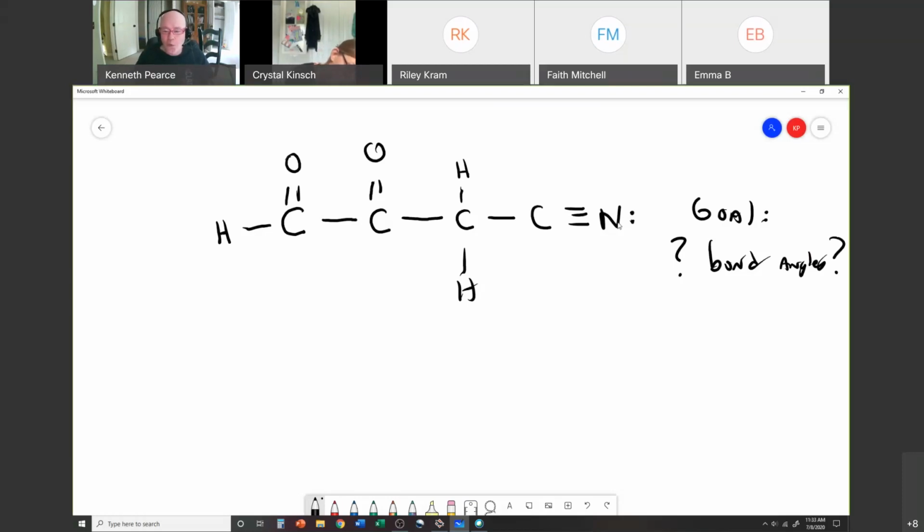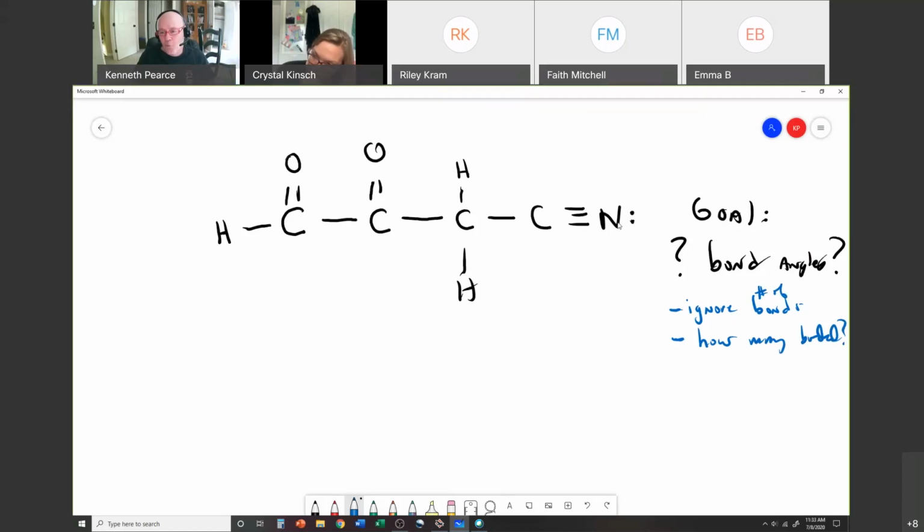Now, when we have organic molecules, we look at the number of domains. Here are some of my caveats. We just look at how many things are bonded.